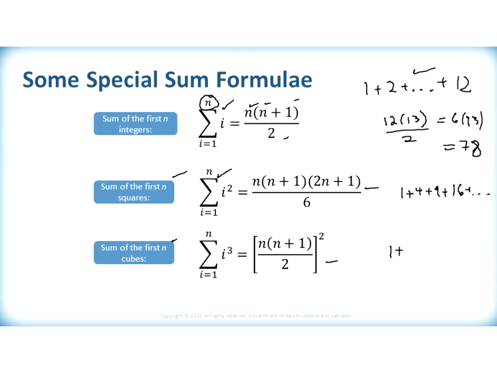So 1 cubed is 1, 2 cubed is 8, 3 cubed is 27, they get bigger faster, 4 cubed is 64, etc. If I want to add up the first n of those, either one of these formulas for however many n I'm using would tell me exactly what the sum of those is.